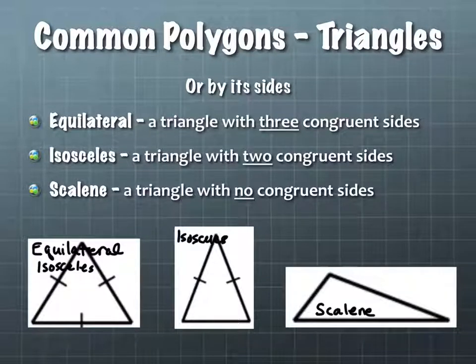Now, if we were talking about the angles on these, and you were looking at this one, is it acute, obtuse, or right? It's acute. How about this one in the middle? It's also acute, and this one on the end, obtuse, okay? So we could describe triangles in either way.